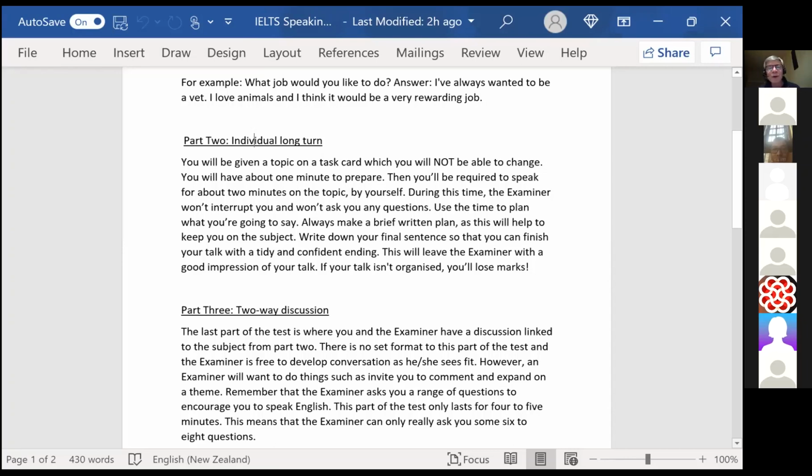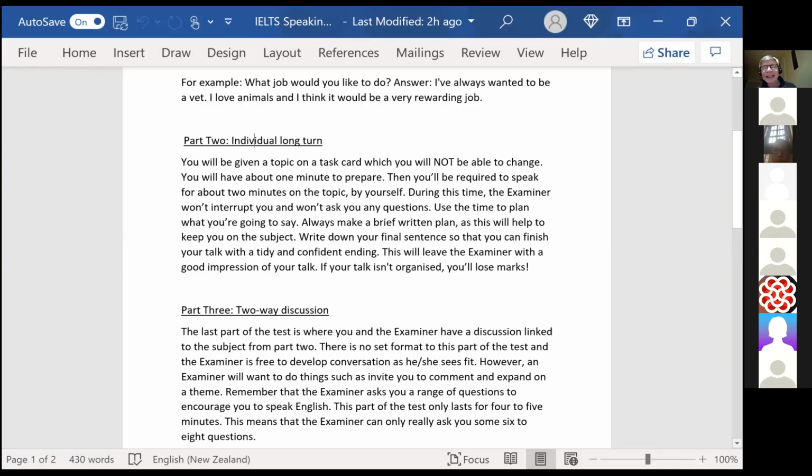Now, those of you who were with me for last week's lesson will remember that I say to always write down, if you can, your final sentence so that you can finish your talk with a tidy and confident ending, because that gives the examiner a good impression about your whole talk.